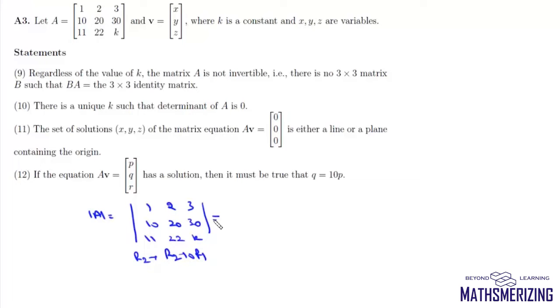That means value of this determinant A is 0. That means this matrix A is not invertible. So this statement 9 is correct.